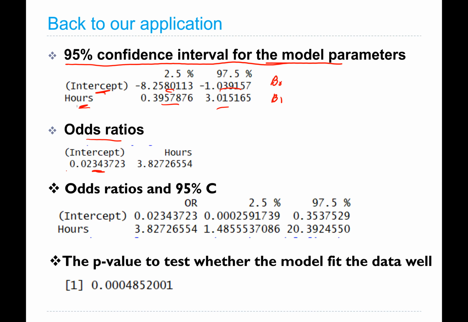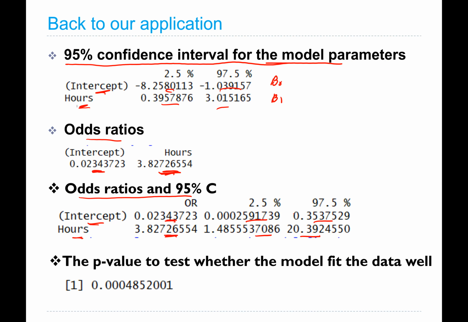This is the odds ratio for beta 0, and this one is the odds ratio for the number of hours. Can I get the 95% confidence interval for the odds ratio? This is the odds ratio for the intercept, and the odds ratio for the number of hours, with lower limit and upper limit for each. And the code uploaded on R can give you this output.